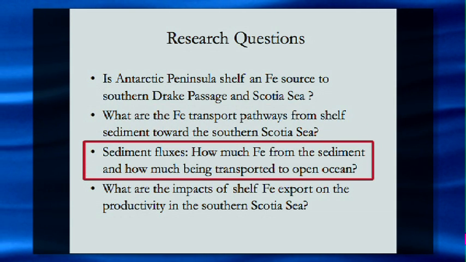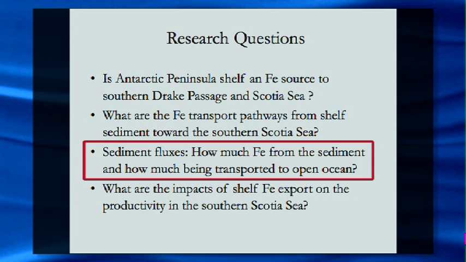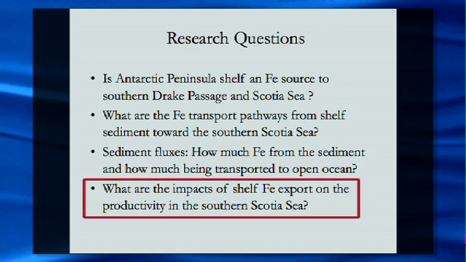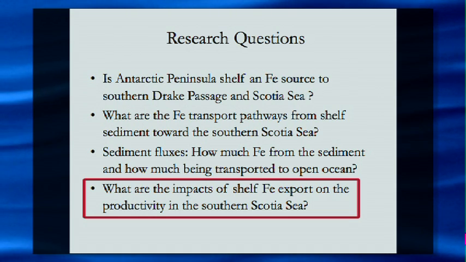The third question is about sediment flux: how much is the flux? We want to estimate that because we want to quantify how important it is. The last one is, with all its importance, how important is it in terms of phytoplankton bloom in Southern Scotia Sea?